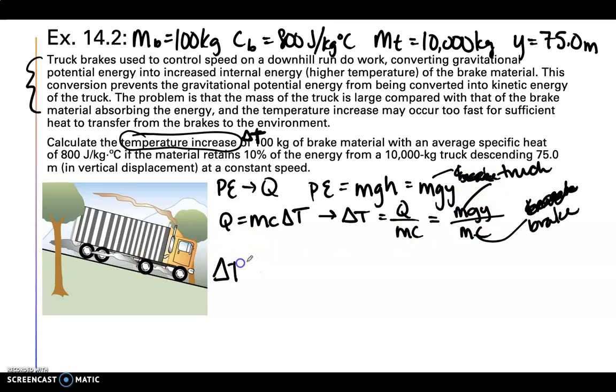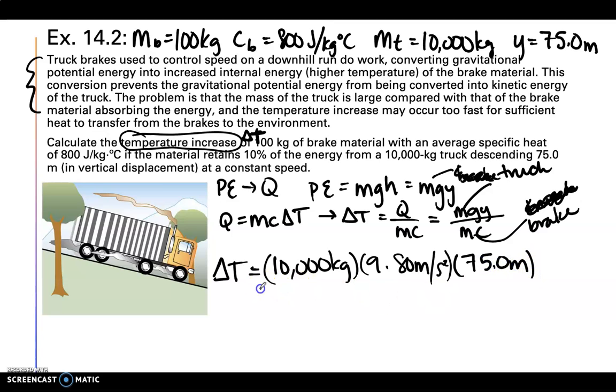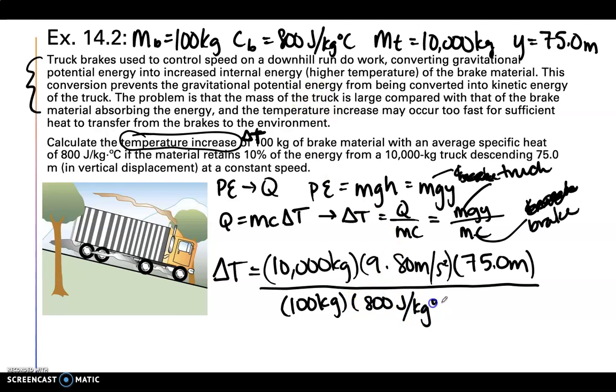So delta T then is going to be our mass of the truck, so that's 10,000 kilograms times gravity, acceleration due to gravity, times our y distance, 75 meters, divided by the mass of the brakes, which is 100 kilograms, times C of the brakes, so 800 joules per kilogram degrees Celsius.